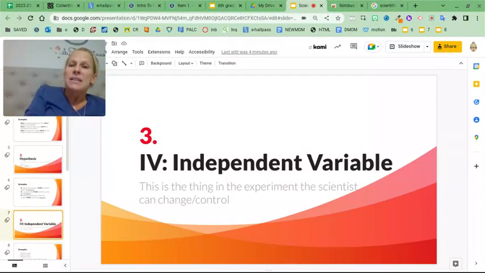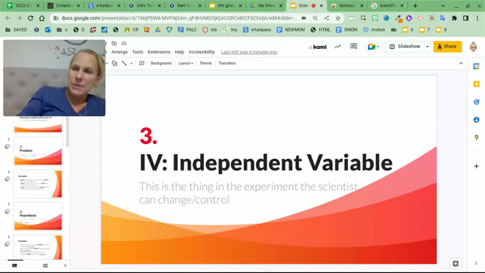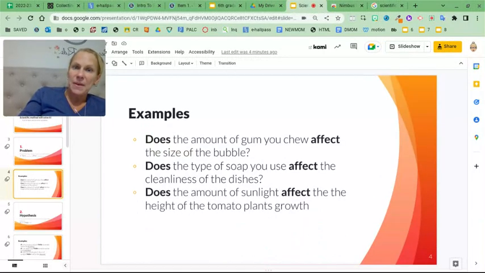So the independent, I always say I. The independent is the one I can change or manipulate or control as the scientist. So for instance, our first experiment was about the gum. Does the amount of gum?